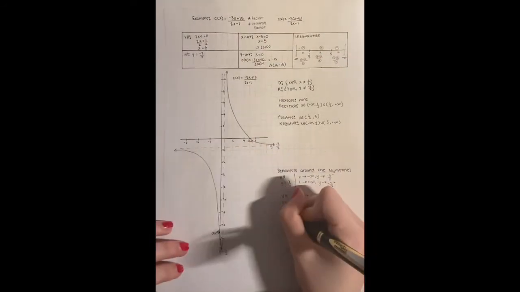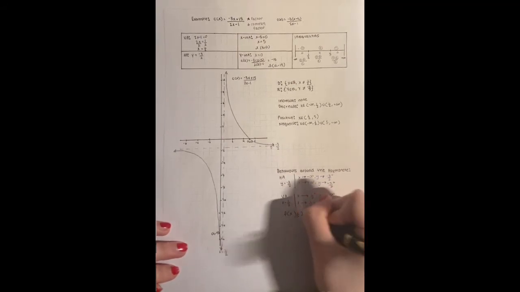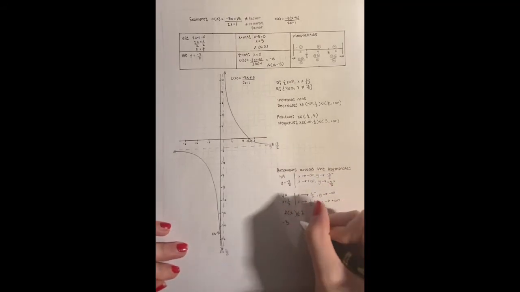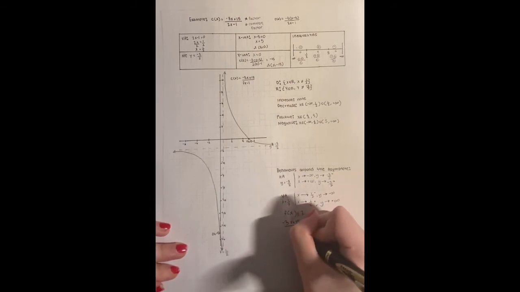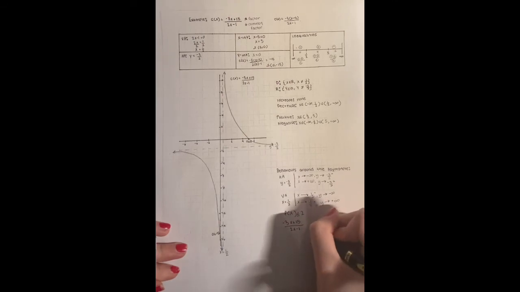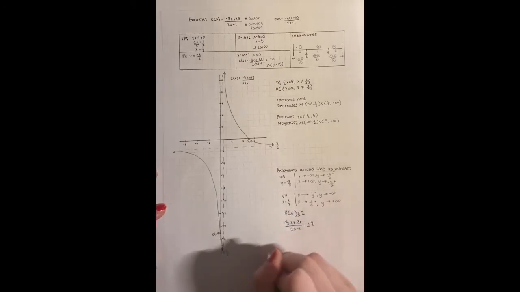What does it mean when f of x is less than or equal to 2? First, we're going to solve this algebraically. We're going to bring the 2 over to this side and set the inequality to 0.